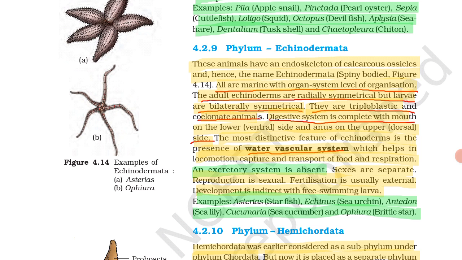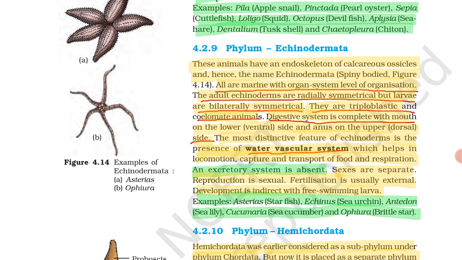Don't get confused: the water canal system is present in Porifera, and the water vascular system is in Echinodermata, a distinctive feature of echinoderms, helping in locomotion, capture, transport of food and respiration.